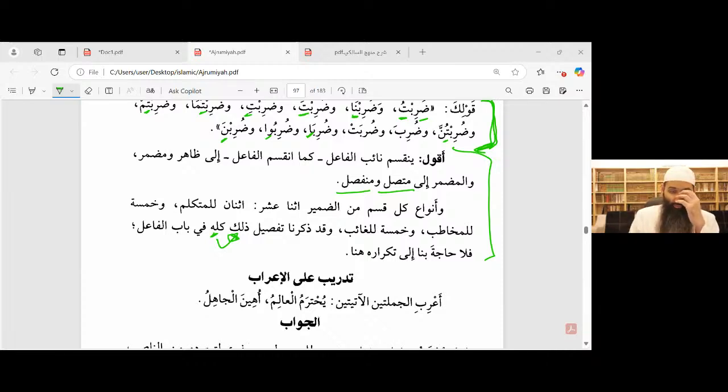So there are some words and some jumal in the Arabic language that are mabni but have no mahal. Fi'l al-madi is always mabni, and so is fi'l al-amr. It is fi'l al-mudari' that is mu'rab.